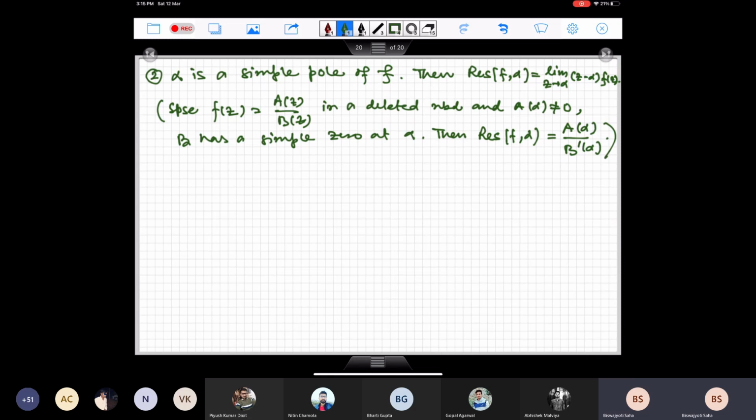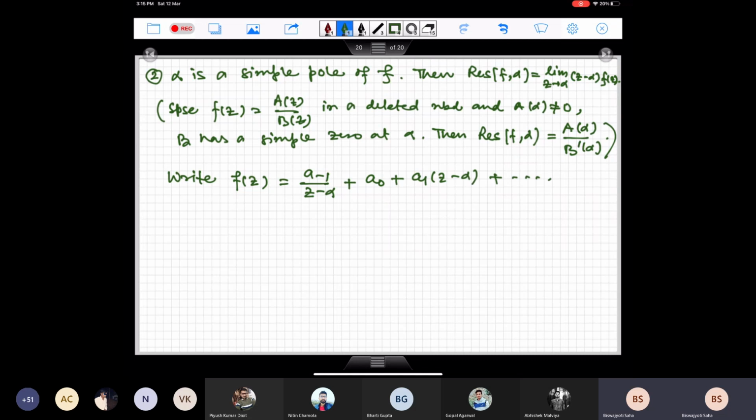The first one I have already told you, and it is very easy. So write f of z is equal to a minus 1 over z minus alpha plus a naught plus a1 times z minus alpha plus so on.